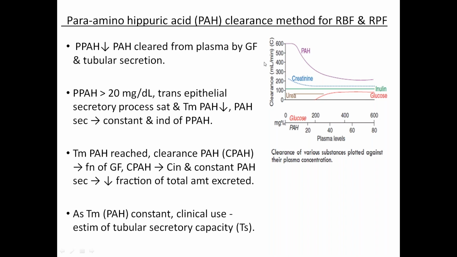This is the diagram that I was just referring to. When the plasma concentration is more than 20 milligram, then what happens? The secretion becomes, after a while, constant and ultimately approaches that of inulin.